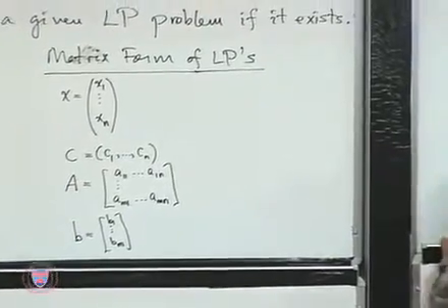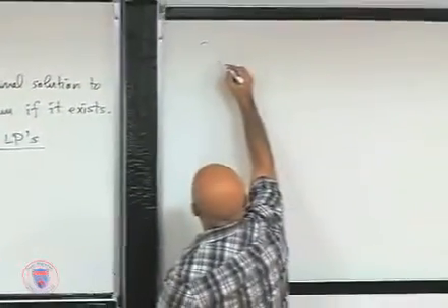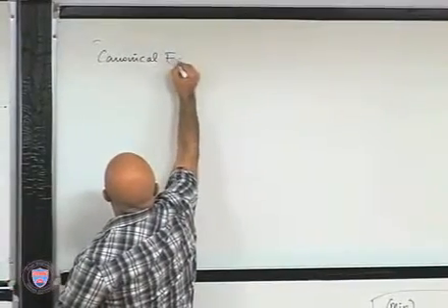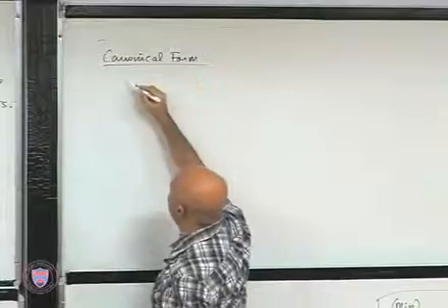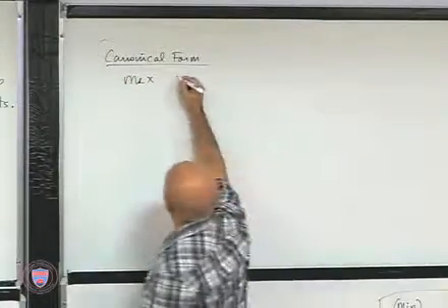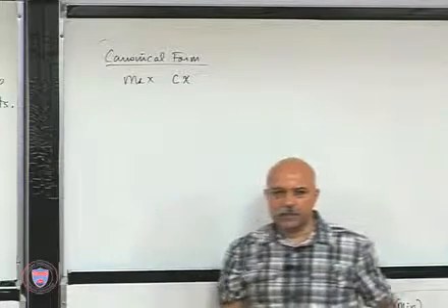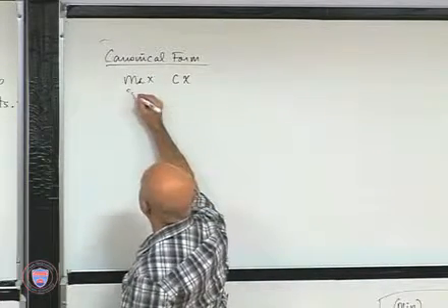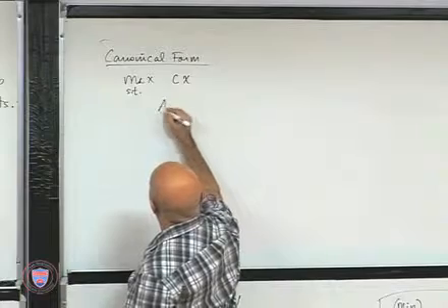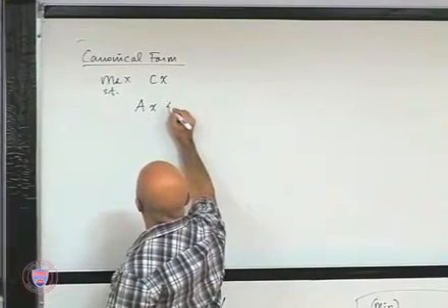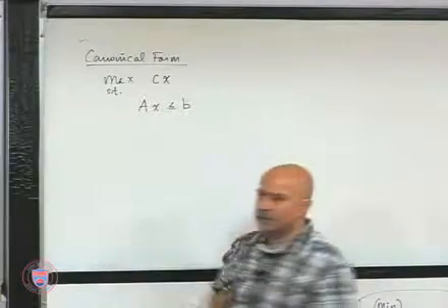So with that, if you look at the canonical form of maximization and minimization problems, the canonical form maximization can be simply written down as the dot product of c and x, which outputs a number, subject to Ax being less than or equal to the right-hand side vector b.